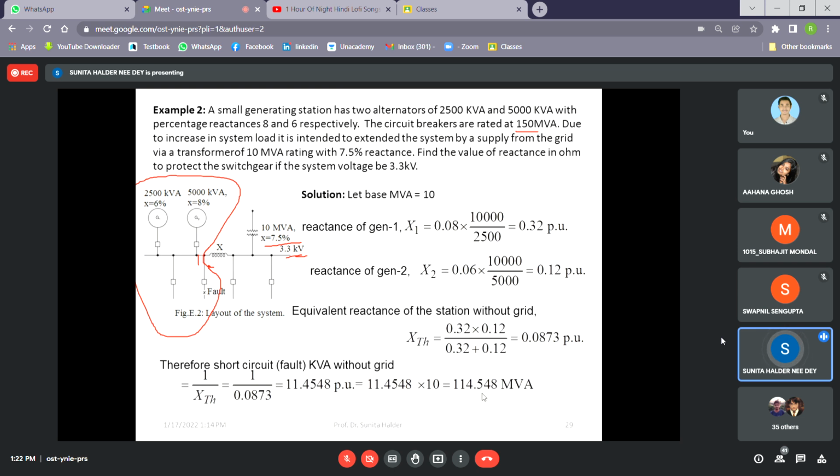Then you must write that any circuit breaker capacity of more than 114.54 will be applicable for this type of problem in this type of substation. You must round it to the nearest 10, because generally circuit breaker capacities are available in multiples of 10. So you make it 120 MVA, right? Understood?